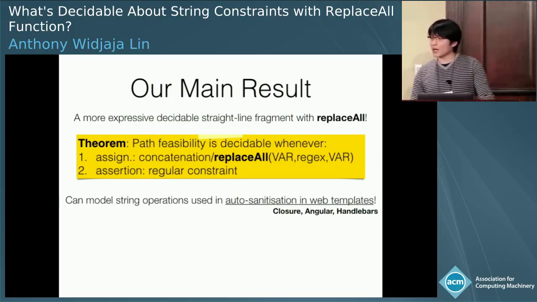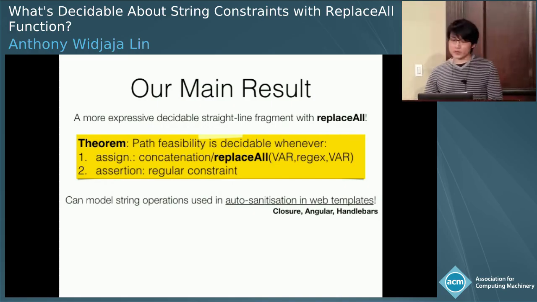So this can model the examples that I mentioned on the previous slides, but can also model examples from auto-sanitization in web templates, for example, that are commonly used in Clojure, Angular, Handlebars, etc.